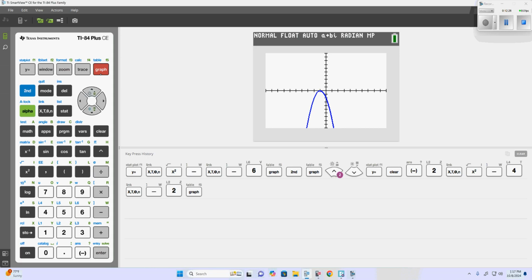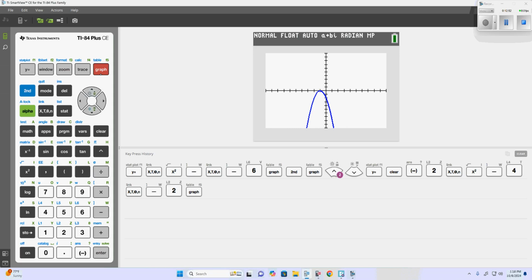Did everybody get the same graph? If not, yeah. So again, we're looking for where it crosses the x-axis or really intersects the x-axis. Because does this one look like it crosses it? Not really. It looks like it does touch the x-axis and goes back down, yes?